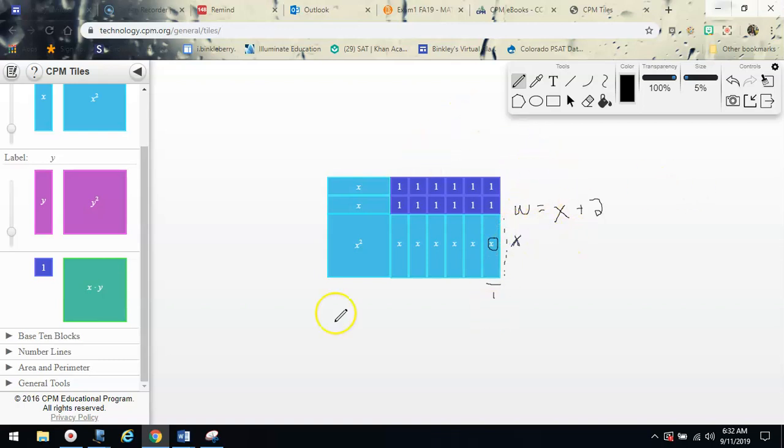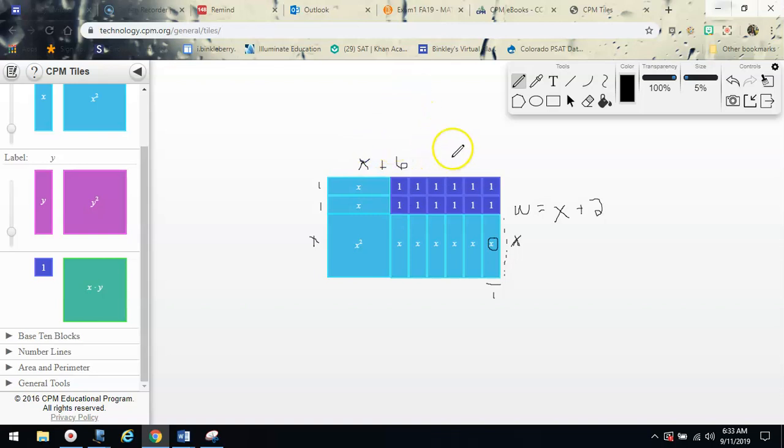So the width is x plus 2, and that means both sides are x plus 2. And the length is an x here, and then 6 ones. So 1, 2, 3, 4, 5, 6. Like the length is x plus 6.